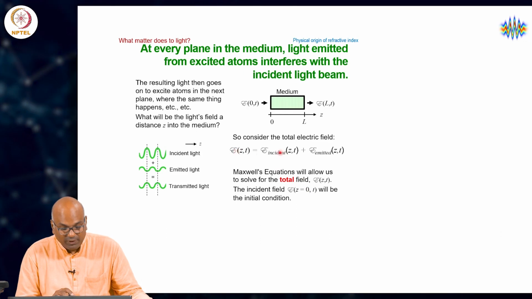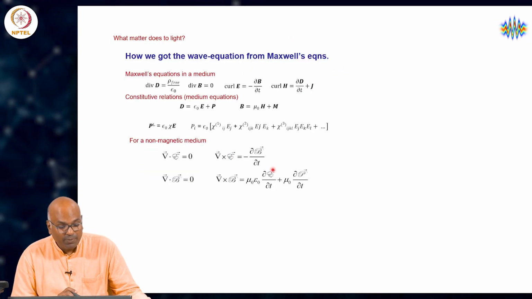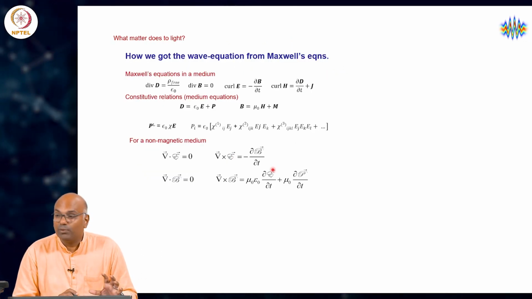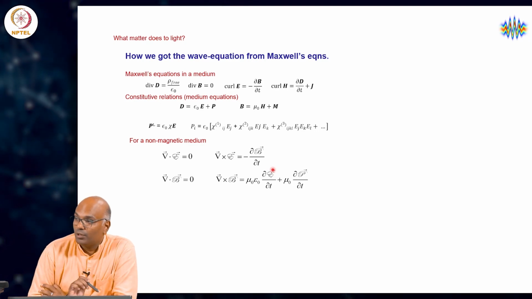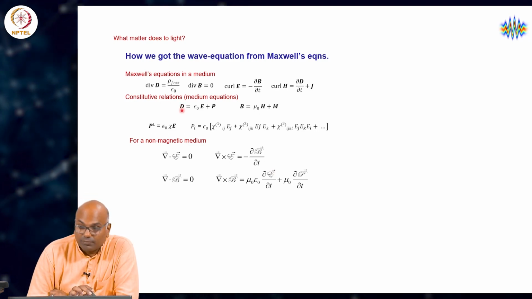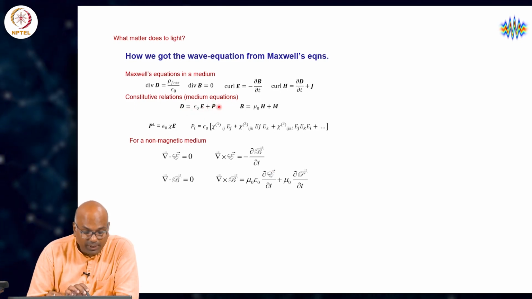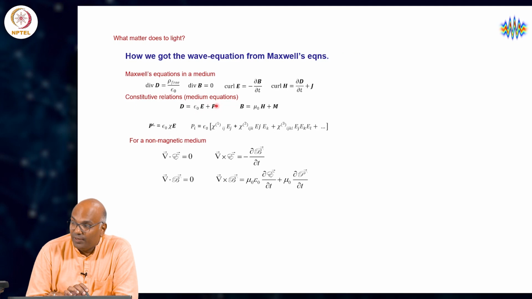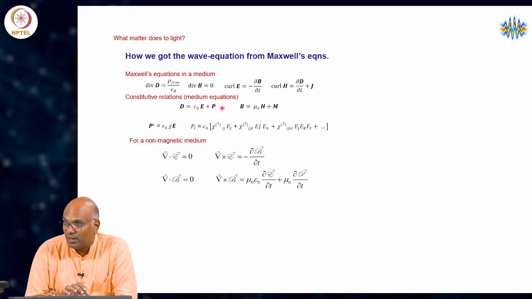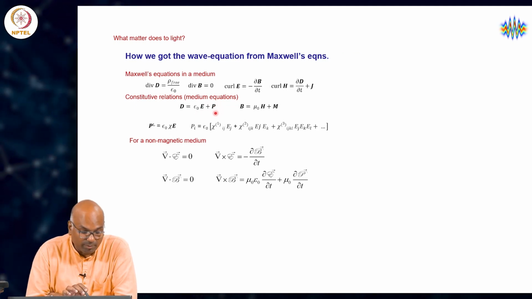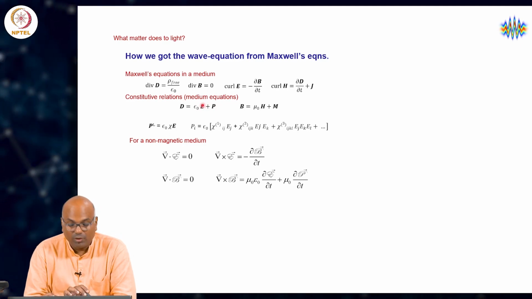So, the total field is indeed a sum of these two, which is captured in Maxwell's equations and particularly in the constitutive relation, which reads D is epsilon naught E plus P, where P is the polarization field inside the medium, the dipole moment per unit volume, and E is the applied field.